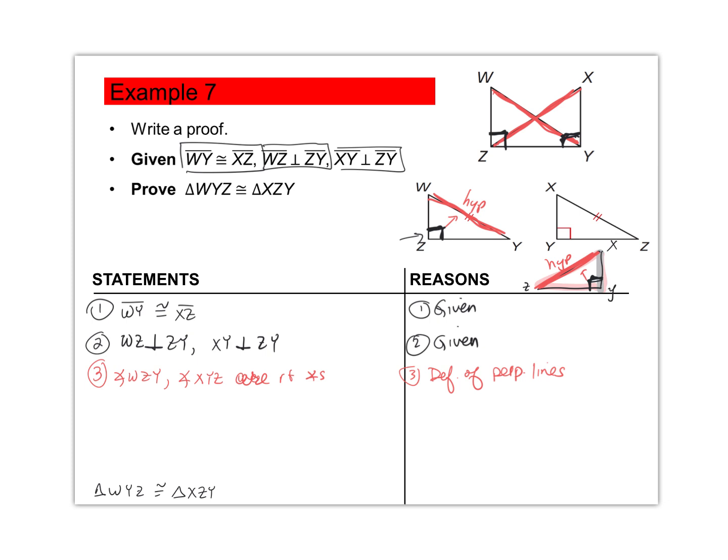And then I would probably even take it a little further and say, let me use the proper name that they have, that triangle WYZ and triangle XZY are right triangles.